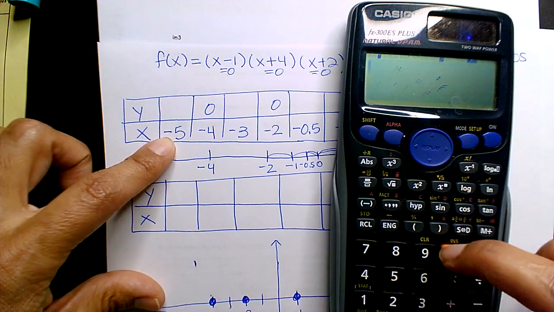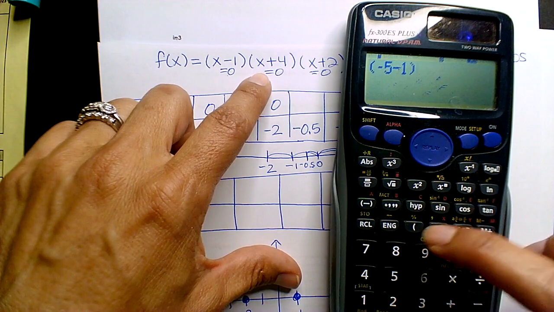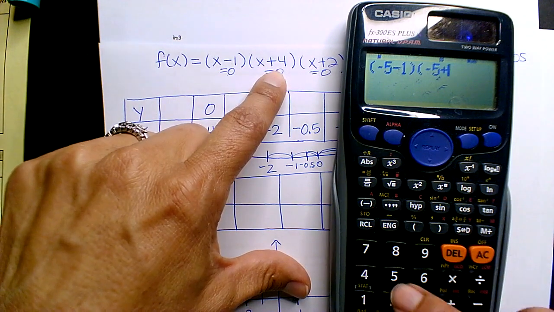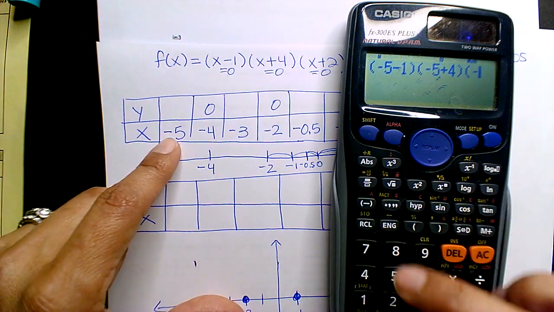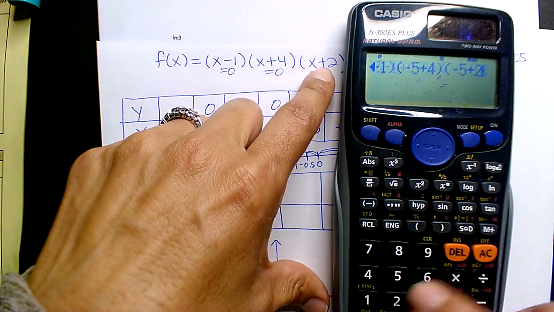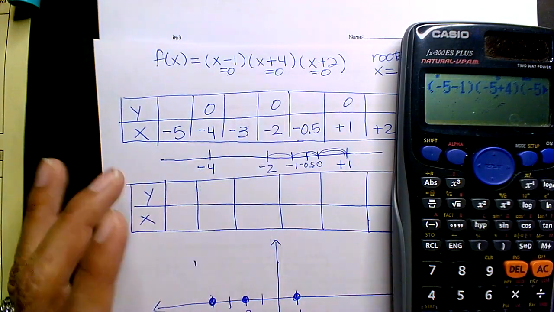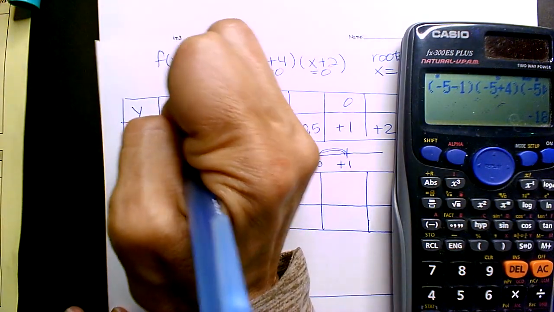So you would get -5 minus 1, and if you guys want to do a little bit of mental math, you can, because afterwards I'm going to do it again. Plus 2 plus 4 minus 1. -5, -5, negative. Okay, and I get -18.